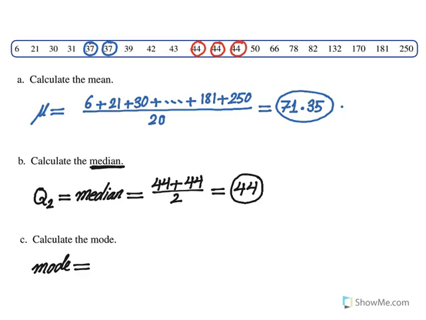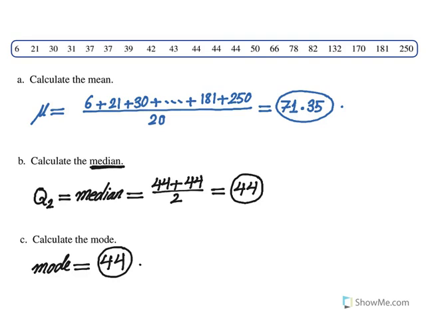Is there anything else that is repeating? If you look here, I don't see anything else that's repeating. And so forget this because it's repeating only 2 times. The one that is repeating the maximum amount of times is 44. It's repeated 3 times. So the mode is 44. Okay? And so this is how you compute the mean, median, and mode.